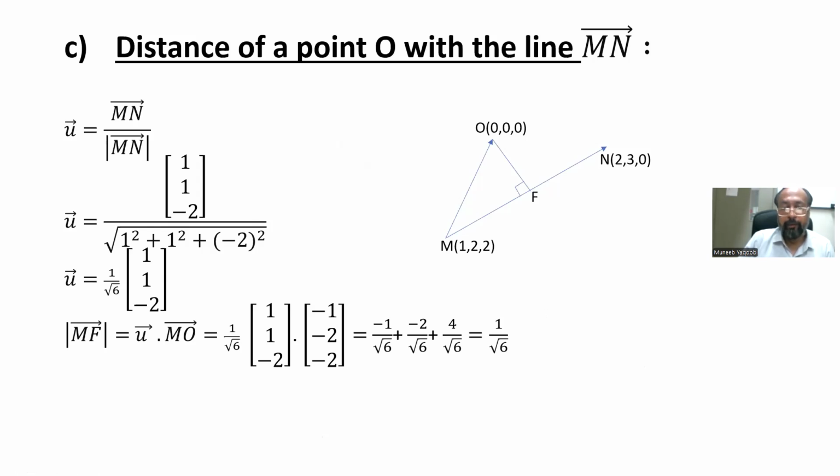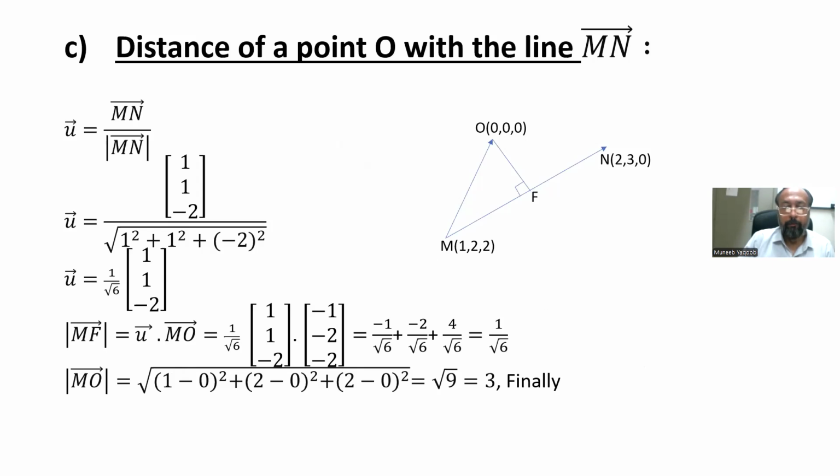Now we will calculate the length of the hypotenuse by calculating the magnitude of the vector MO. So you can see that the magnitude of vector MO is 3.